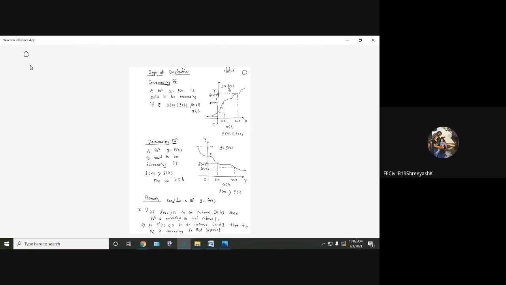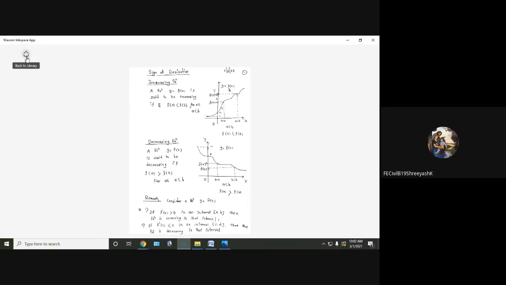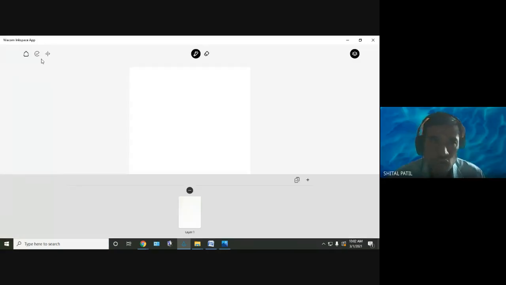Increasing or decreasing? Neither increasing nor decreasing. So what type of function will it be? Which function is neither increasing nor decreasing? Any example? y equal to 1. So constant function, na?